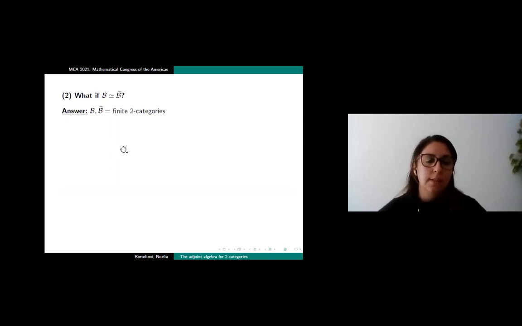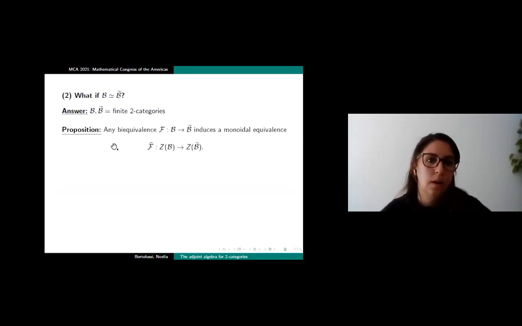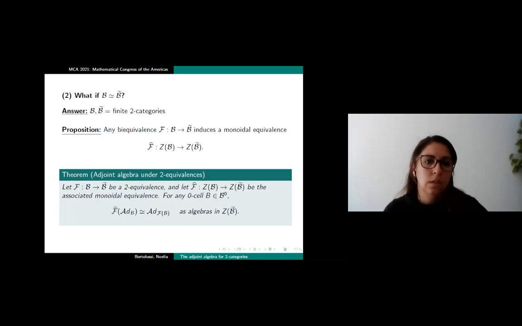To answer this question, you need to know that if you have an equivalence between B and B tilde, it induces monoidal equivalences between the centers. So knowing this, we can answer our question.